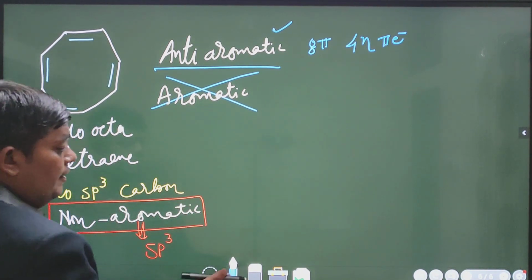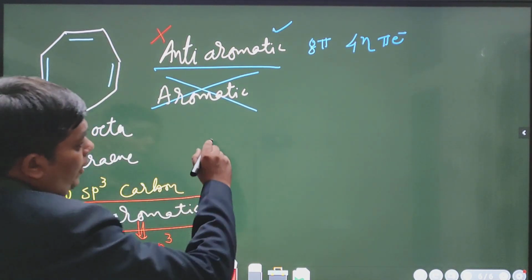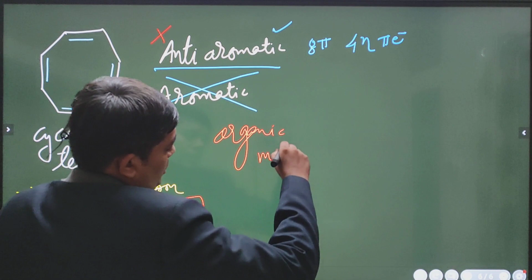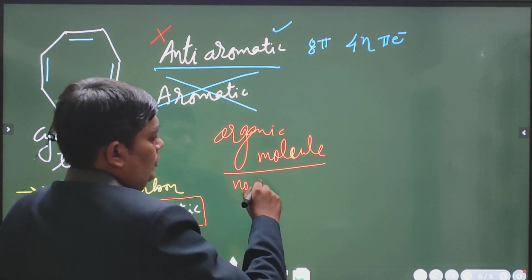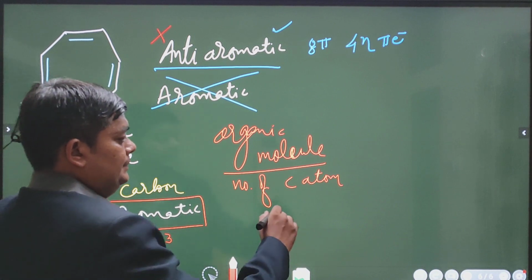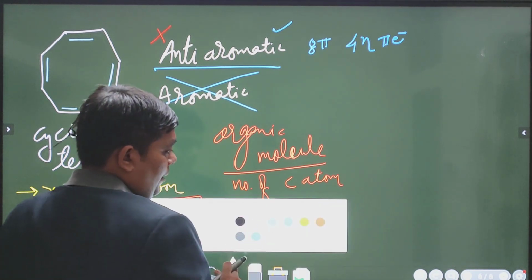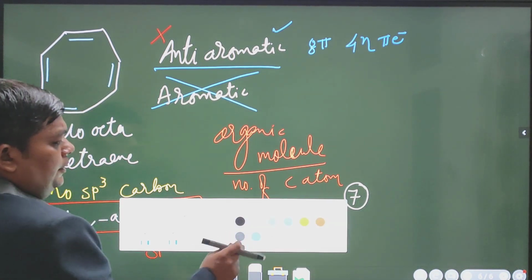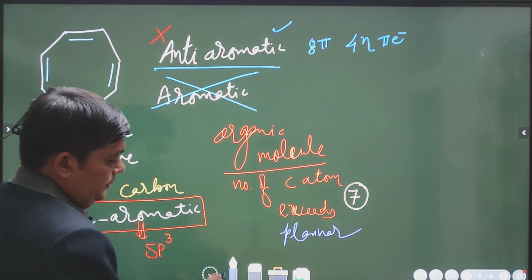But friends, be very particular, this is not correct. Why? Because in an organic molecule, when the number of carbon atoms exceeds 7, it is really very difficult to get a planar structure.